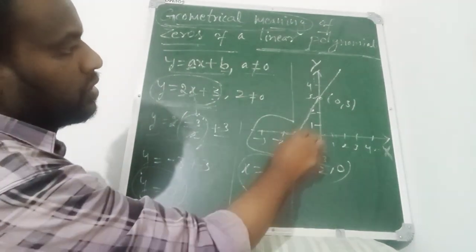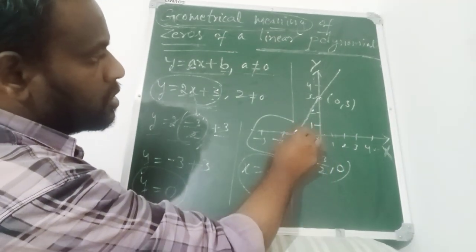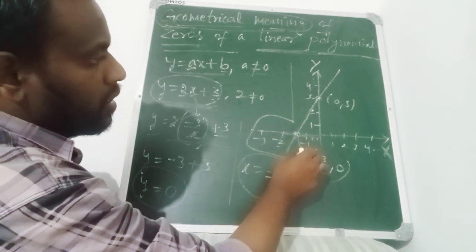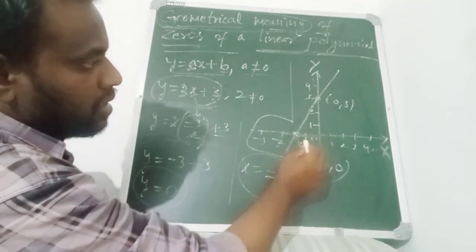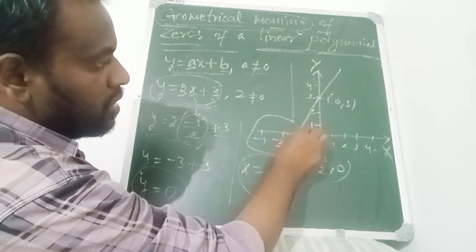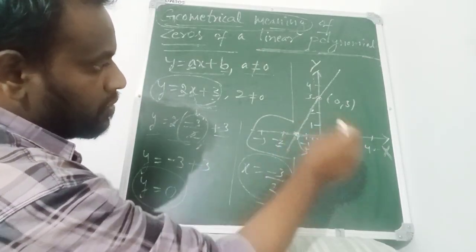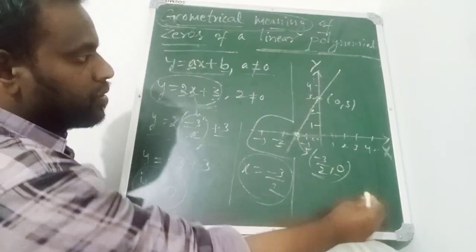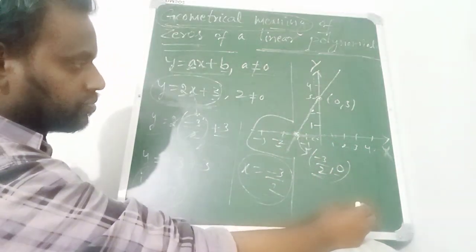0 means, see this point lies between -1 and -2. It lies exactly at the middle of -1 and -2, and the x value here is -3/2. The y value is 0. That means the corresponding y value is 0.